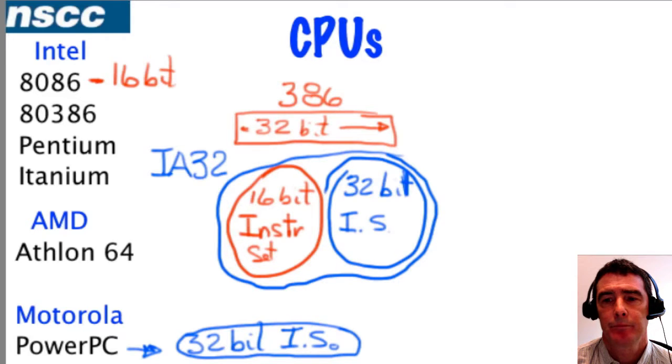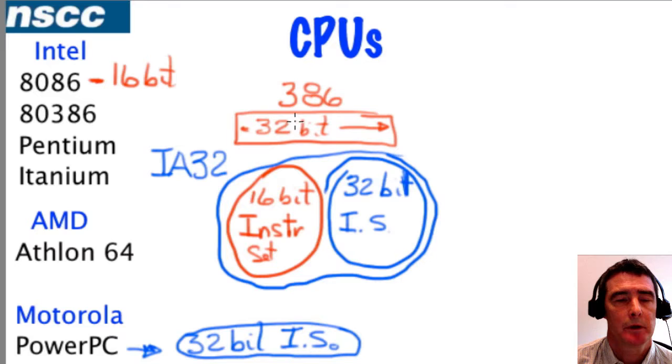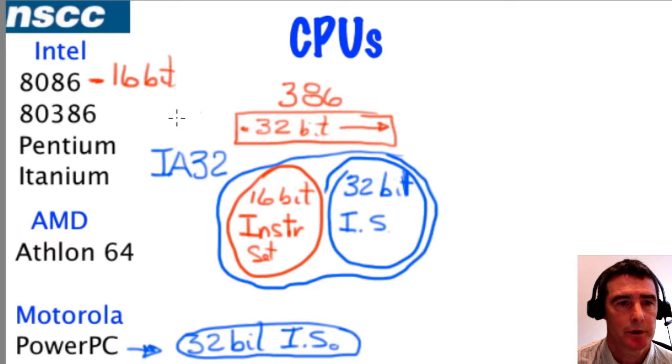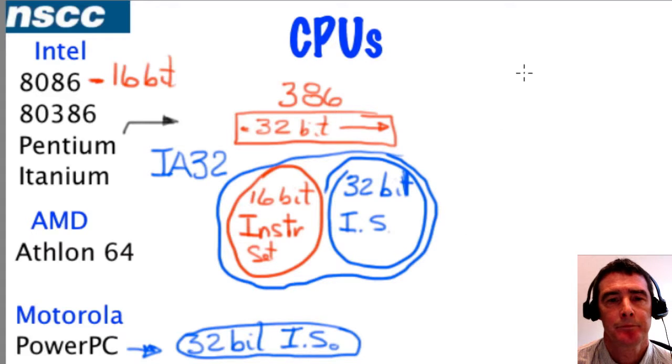Now, as an evolution of CPUs, Intel decided that the 386 architecture, which later became the Pentium, is also a 32-bit CPU. For servers, Intel decided to totally redesign their CPU, and they called it the Itanium.